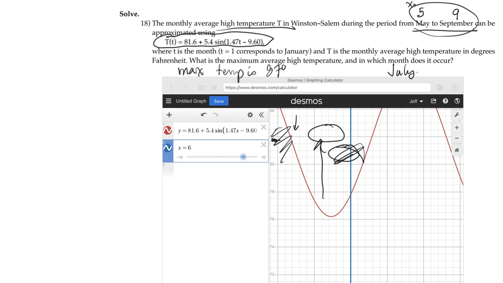It looks like it crosses right there. So 6 months would be about 78. Usually on decimals you can click there and it'll give you the number, but the x value is 6 and the y value was about 78. So on June 1st, the average temperature would be about 78.